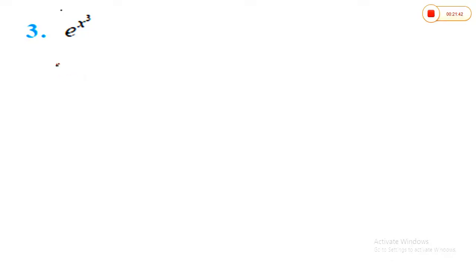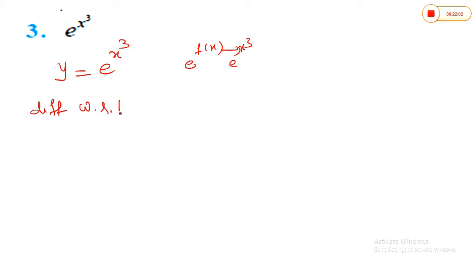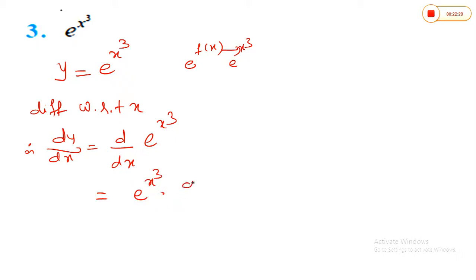Next, y equal to e raised to x cube. So in the previous case, e raised to f(x); here f(x) is equal to x cube. Differentiate with respect to x, dy by dx equals d/dx of e raised to x cube, that is e raised to f(x), e raised to x cube, into d/dx of x cube.